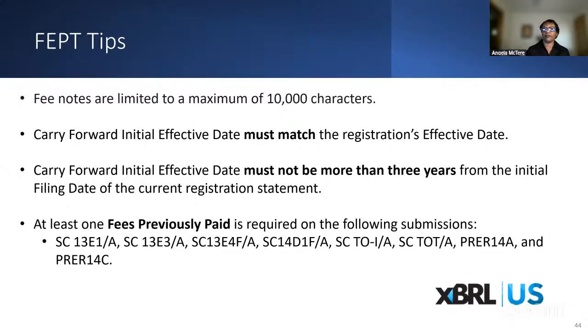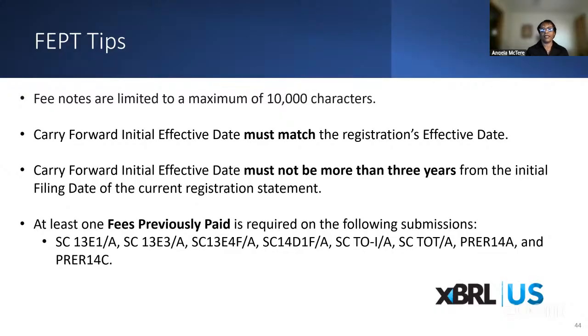As well, the carry forward initial effective date must not be more than 3 years from the initial date of the filing. These will prompt warnings again, but they will not prevent the filing. It's just prompting a warning, letting you know that these dates don't match.